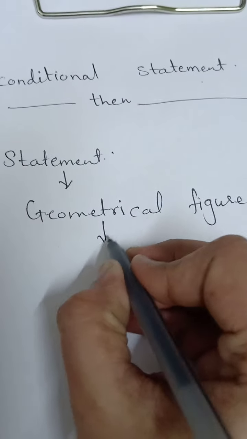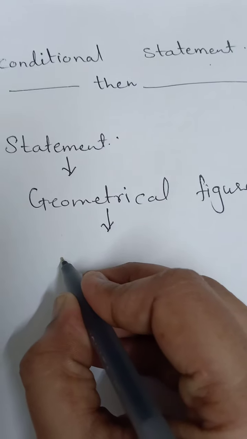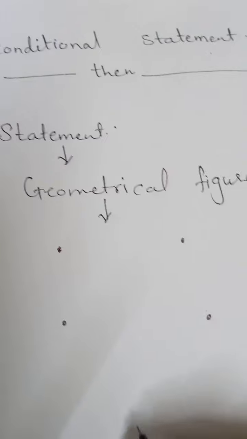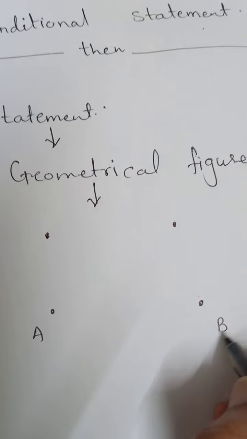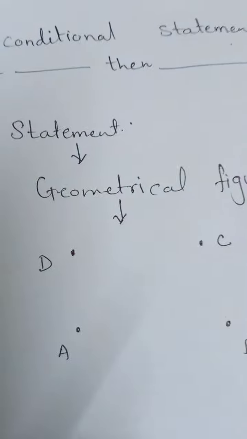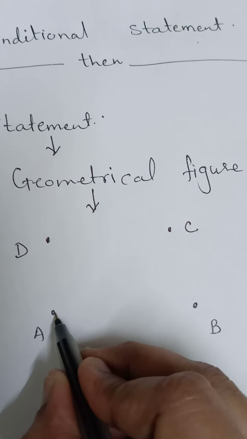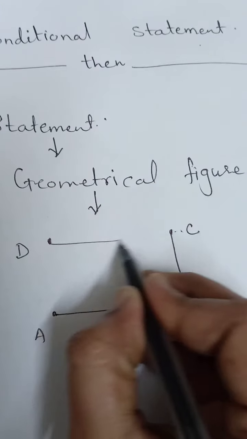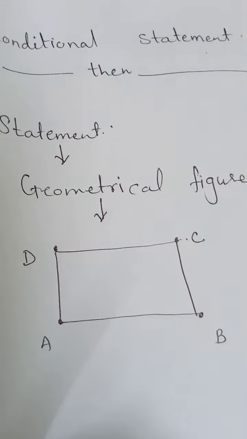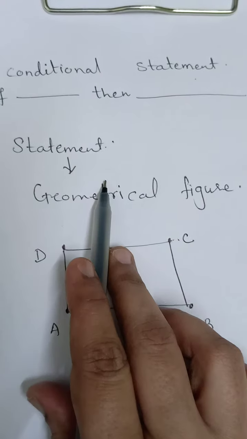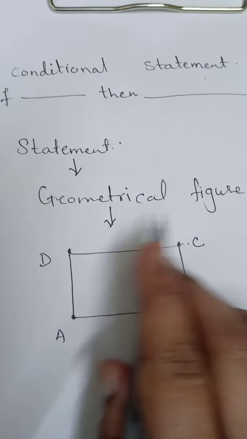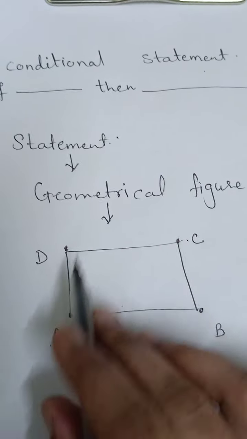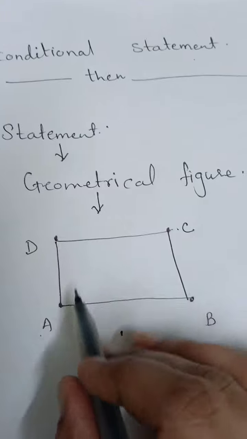For example, if we have a quadrilateral, or we can say I have 4 points here, for example A, B, C and D. By joining all these 4 points A, B, C, D, we have got one geometrical figure.